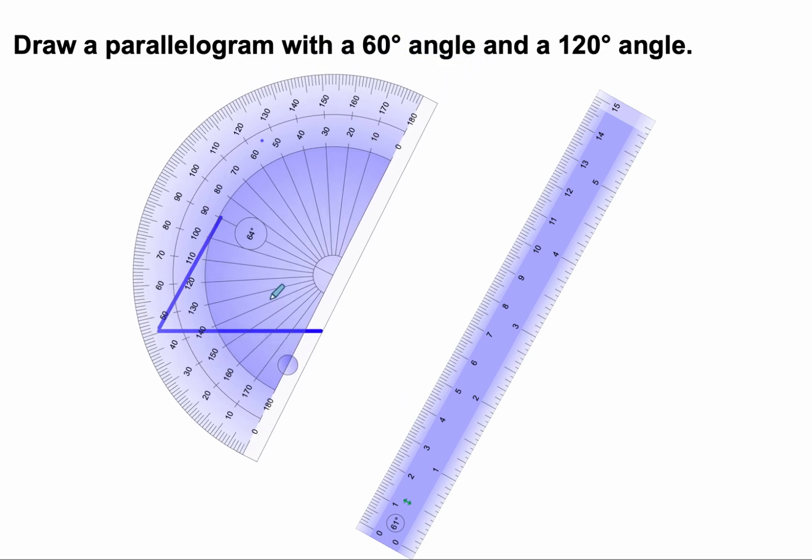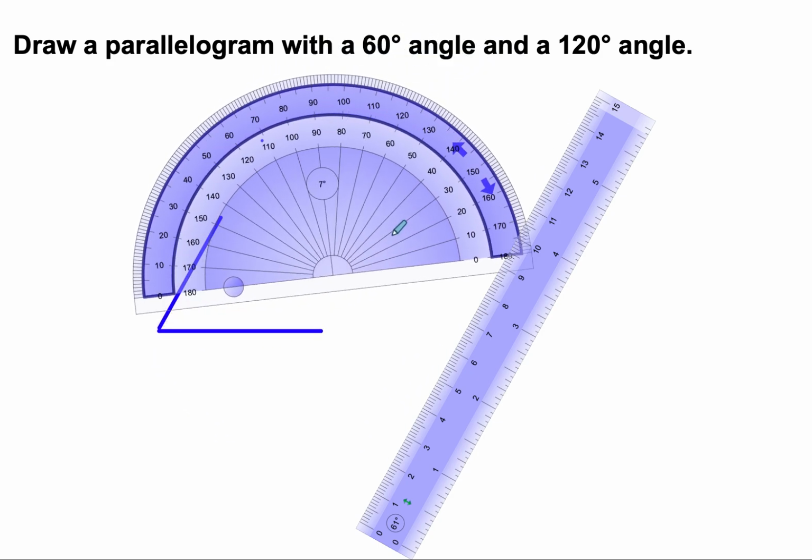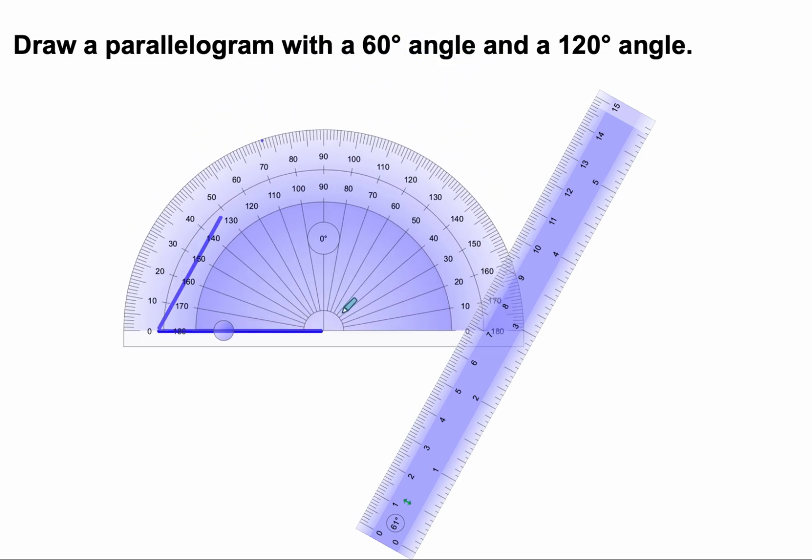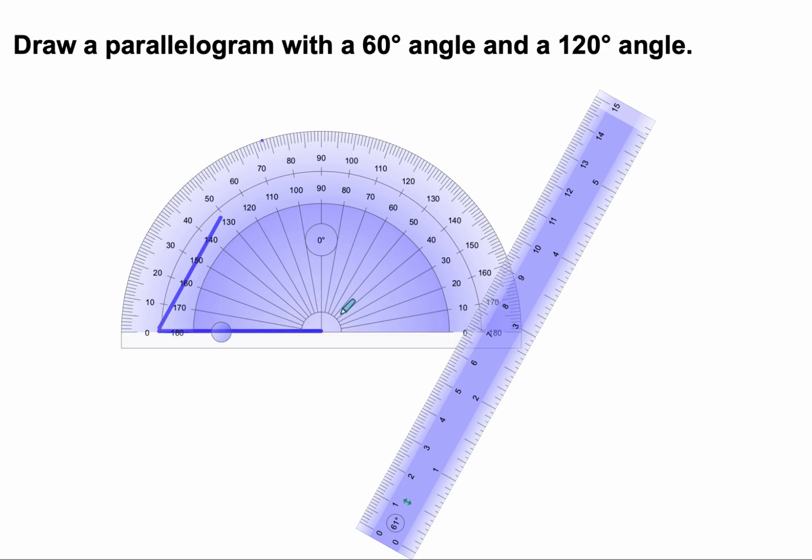Okay, so now I'm going to take my protractor and go back to the other side of my original line. I'm going to line up my center point and my line, just like I do for the triangles. Now I'm doing 120.